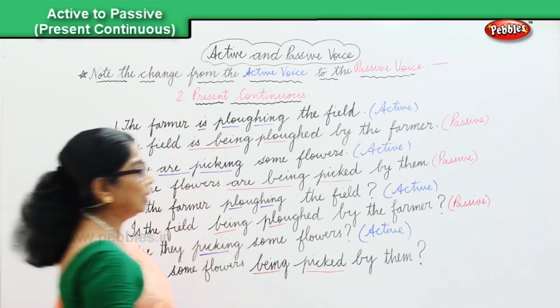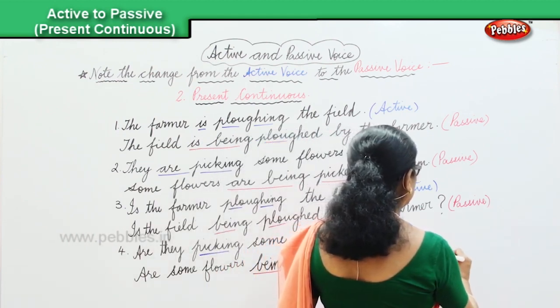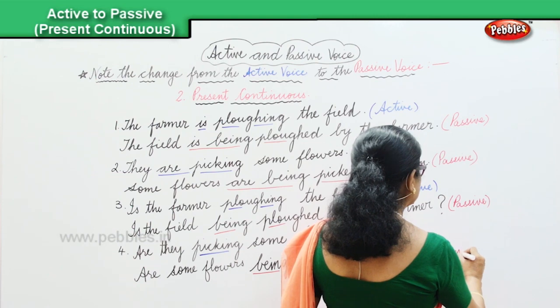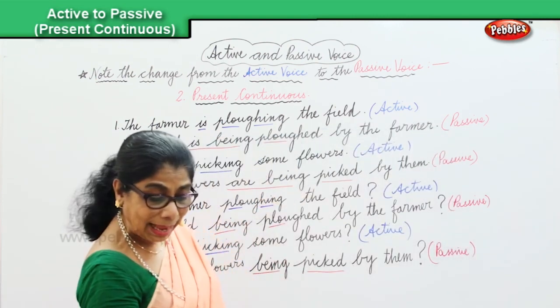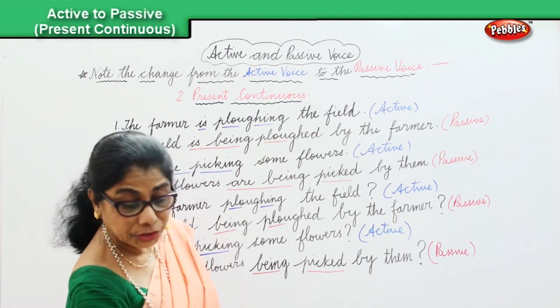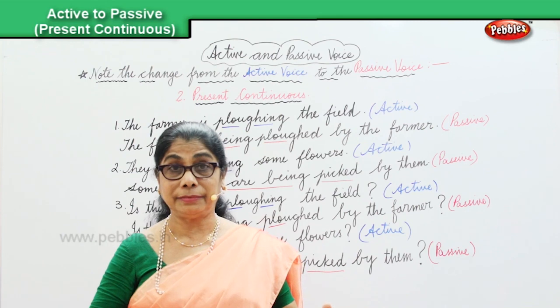So this is in the passive. Now let's look at all the sentences in the active, present continuous, and let's also look at the changeover from the active to the passive.